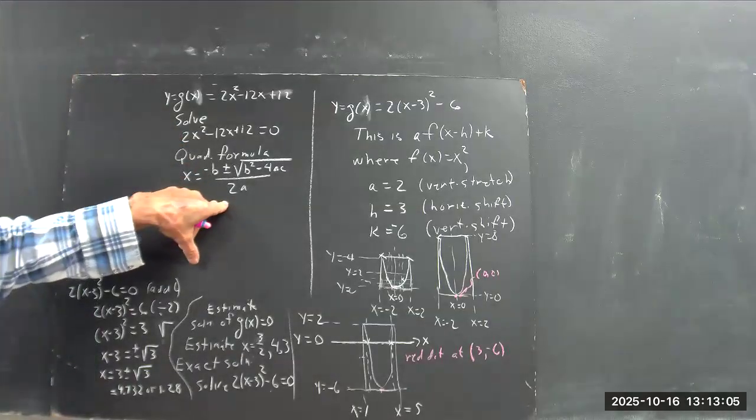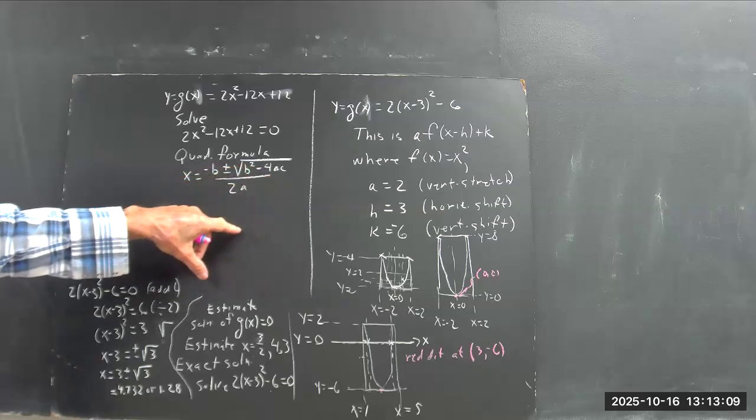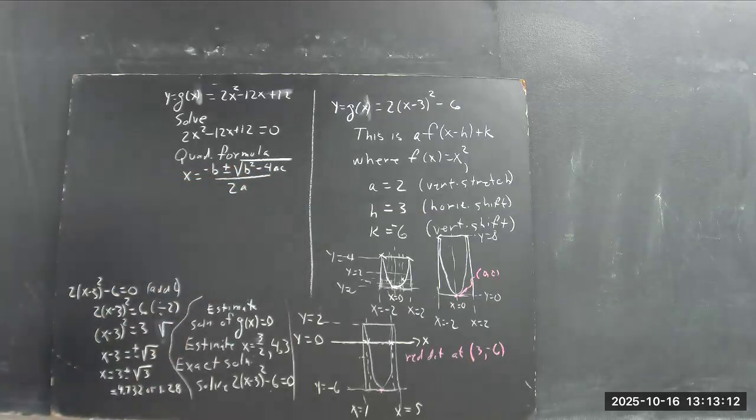Negative b plus or minus the square root of b squared minus 4ac, all divided by 2a.